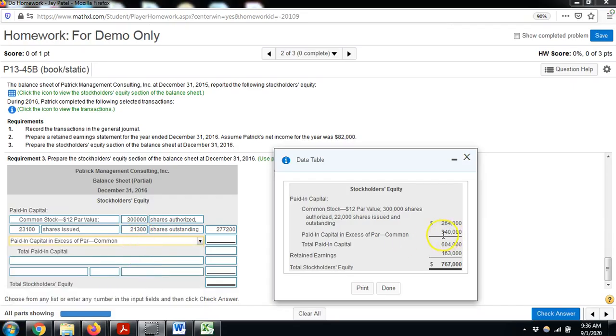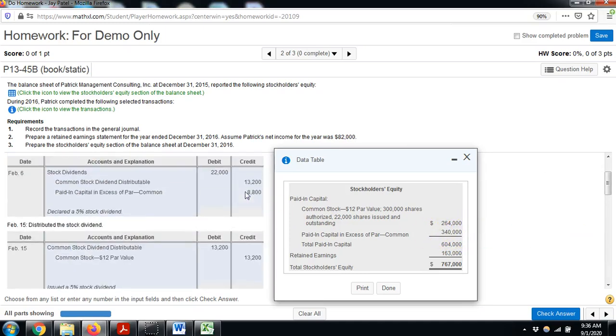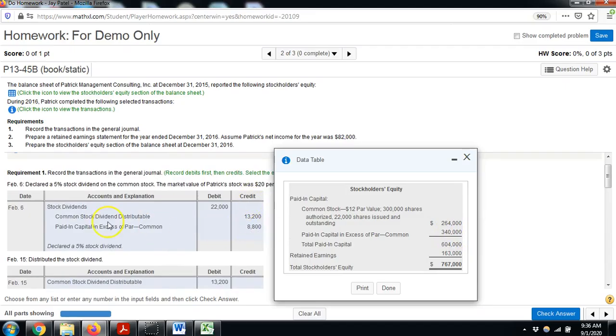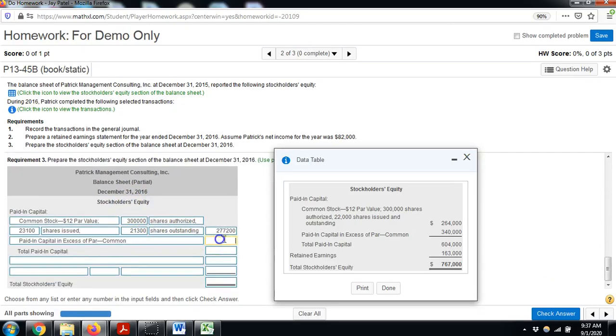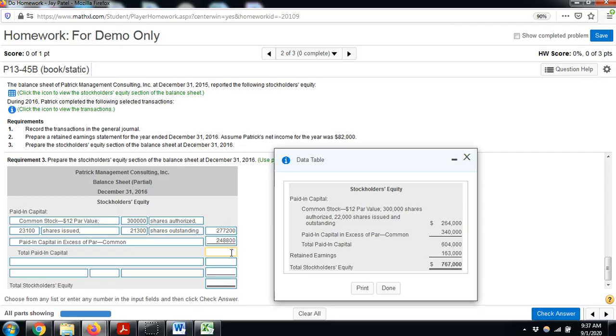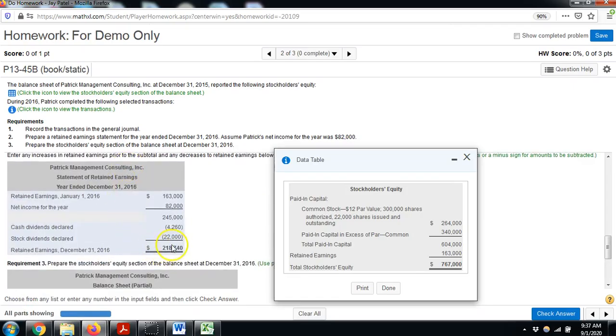So we see here that there was a beginning balance of $340,000 from last year, and then we added another $8,800 in this transaction with the stock dividend. So then our total is going to be $348,800, and then total paid-in capital. When you add this plus this, okay, so now we have a couple of other things. We have our retained earnings, and we got that from here.